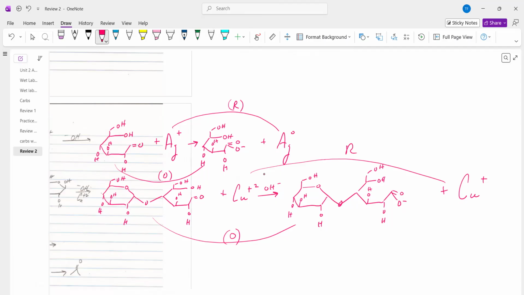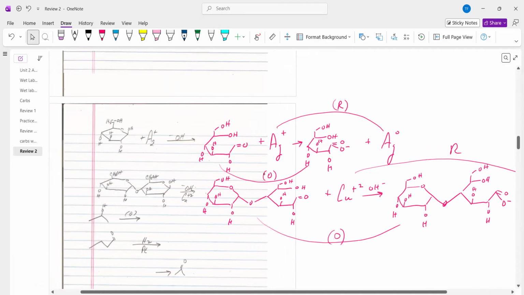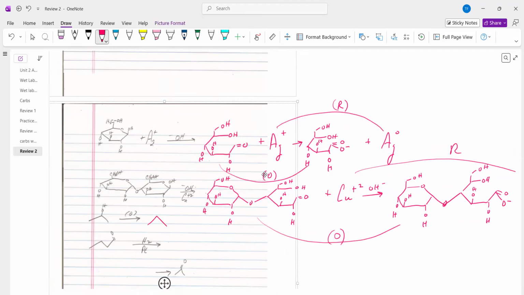And that's probably the trickiest reaction in this unit, the one we just did. Okay, so we have a secondary alcohol. It's going to be oxidized to a ketone.